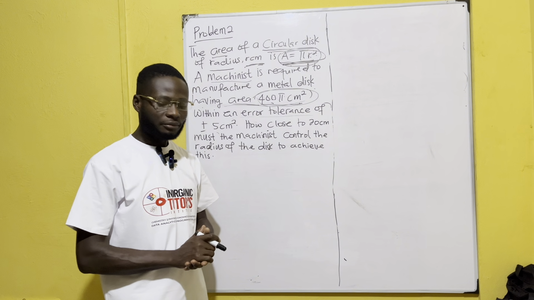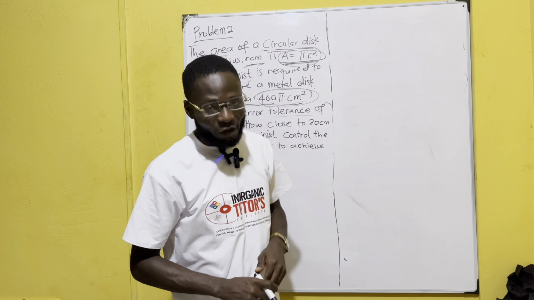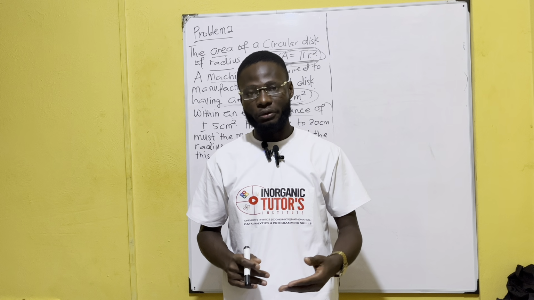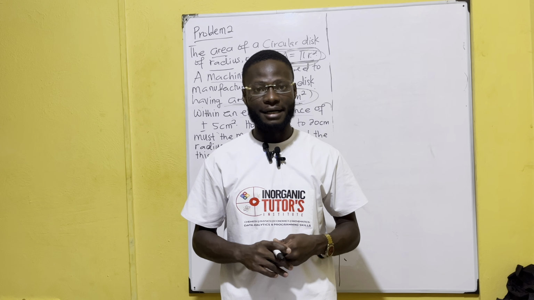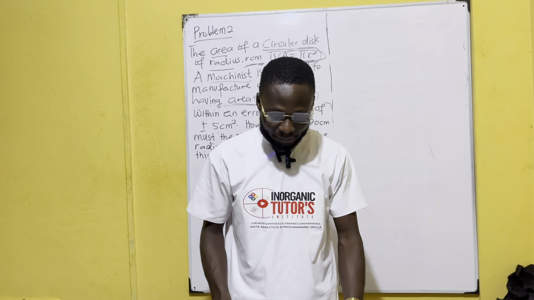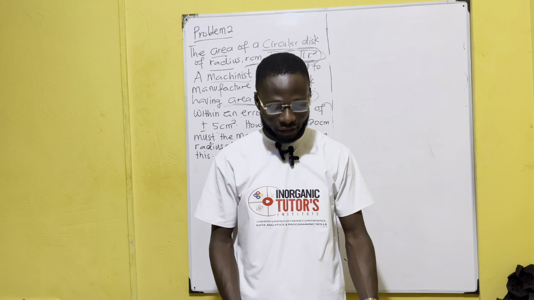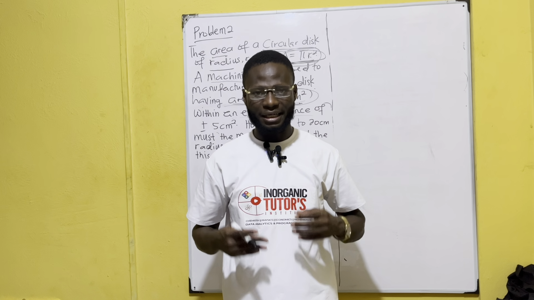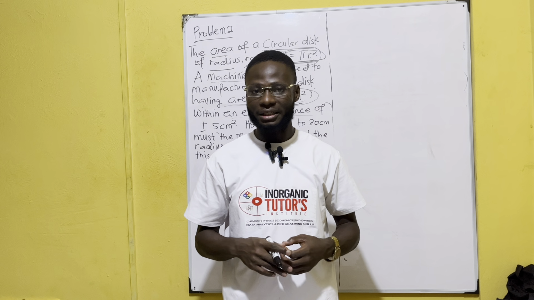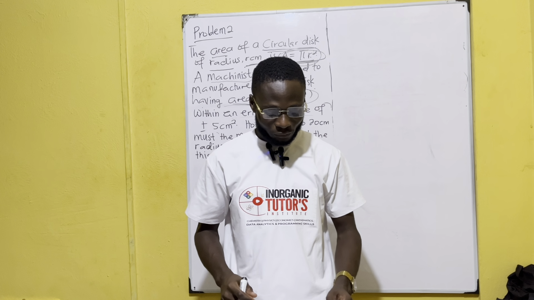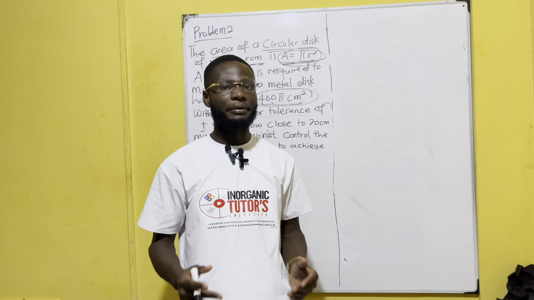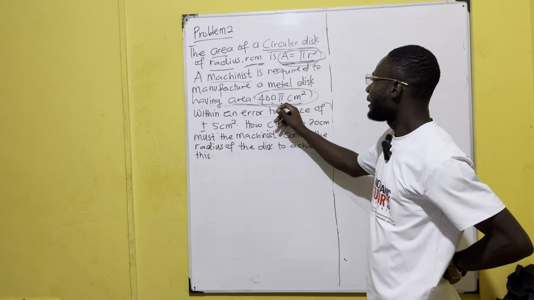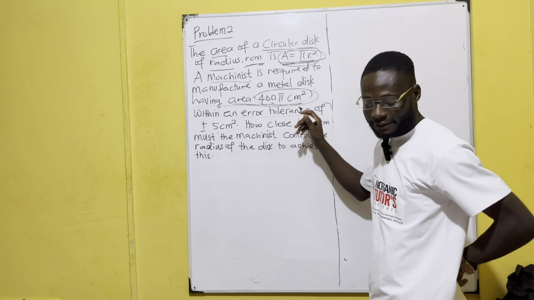Now, I want you to read the question over again and digest the problem. Understand it, right? So, let me give you the understanding from here. You also try to give your understanding and try to understand the mathematical terminologies within the problem. So, the required area was given as 400 pi centimeters squared, right?